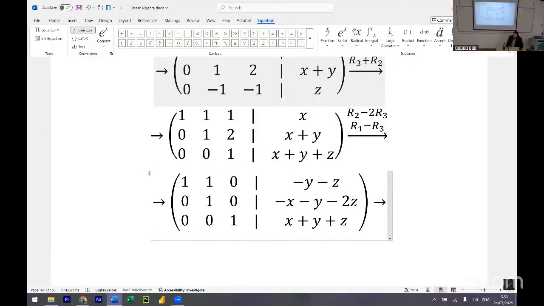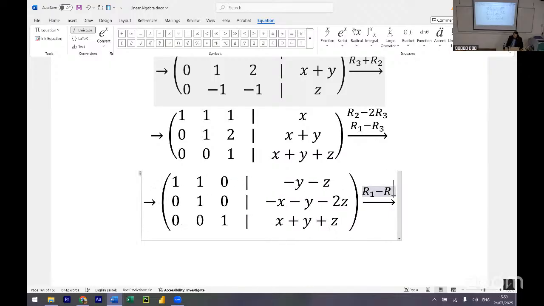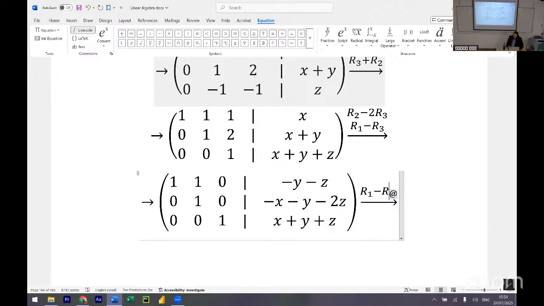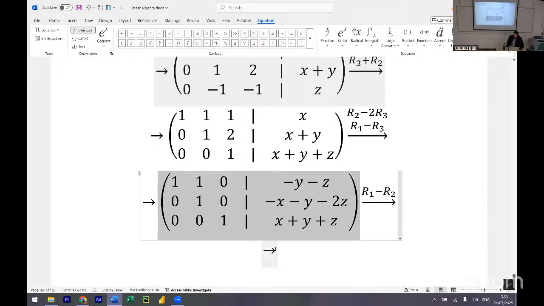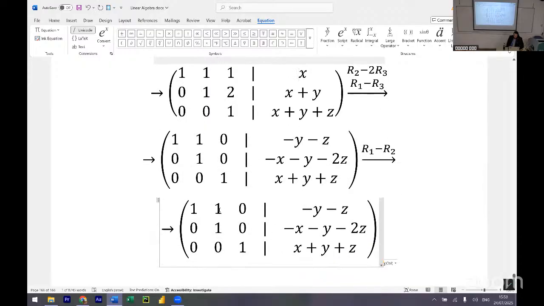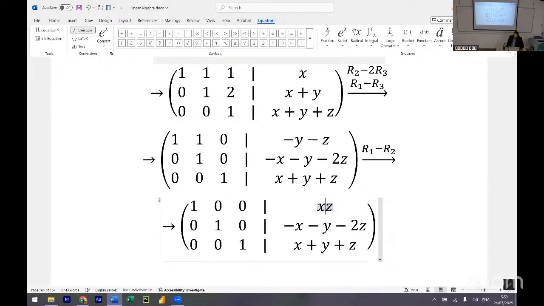Lastly, yes, R1 minus R2. 6 minus 2y minus this, which yields 0, and so x plus z. The y is gone, yeah, x plus z.